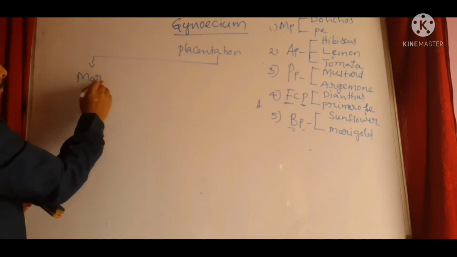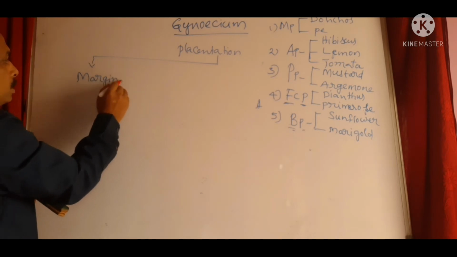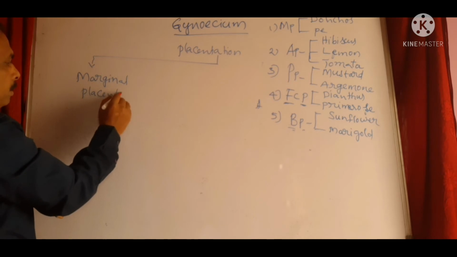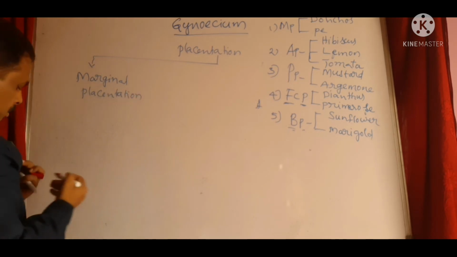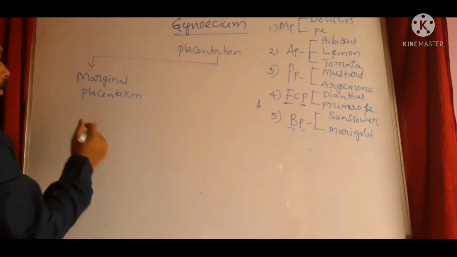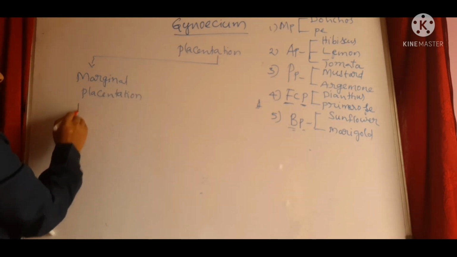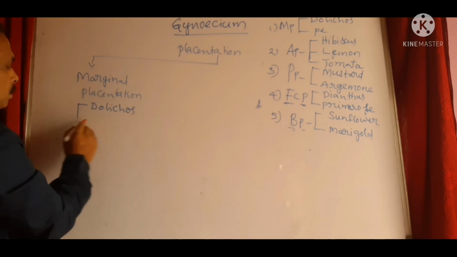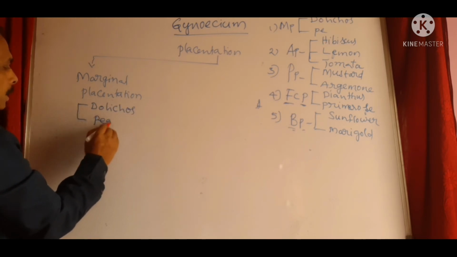Marginal placentation. See, the example for this one is Dolichos and pea.